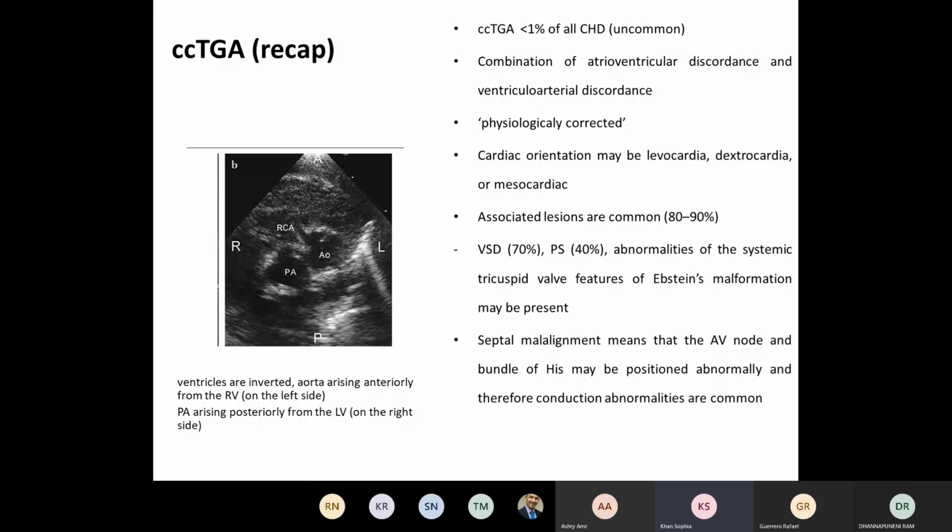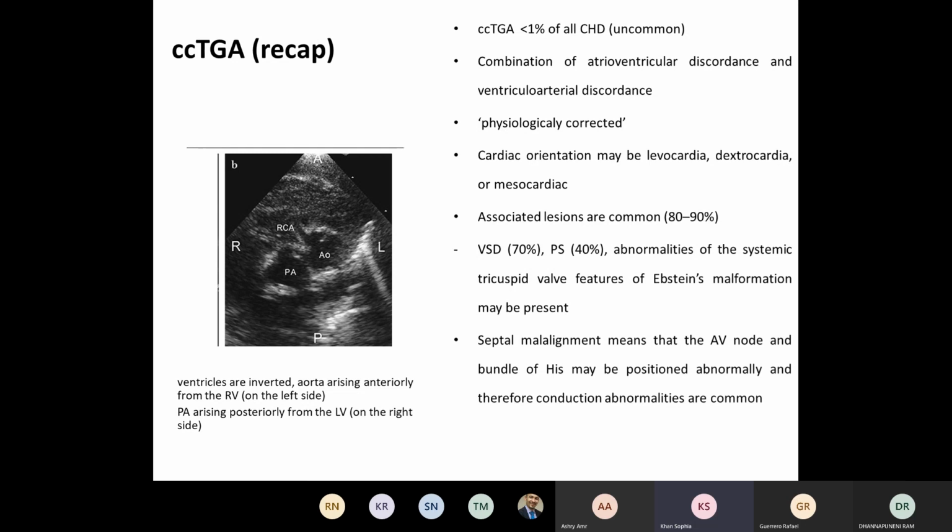The tricuspid valve itself can be abnormal, so it can be Ebstein-like, but not quite the same as you would see in a normal right-sided right ventricle. It can be Ebsteinoid, and it can be abnormal in other ways. The other feature of ccTGA is that there's malalignment of the atrial septum and the ventricular septum, and that's where the conducting system is.